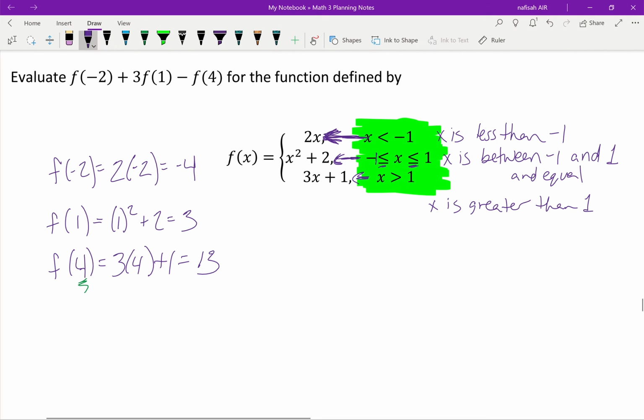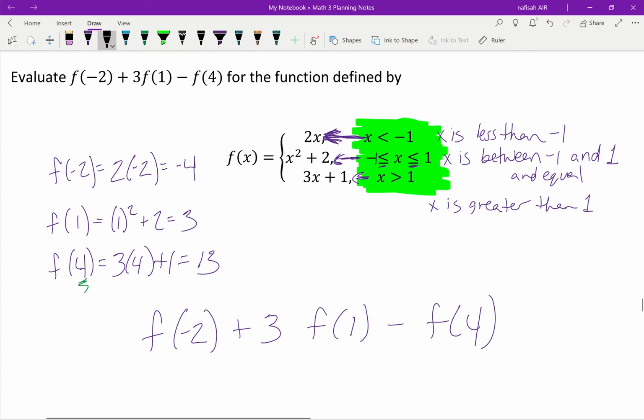So now that I've found what f of -2 is, f of 1 and f of 4 is, I can take what they asked me to evaluate, and now instead of f of -2, I know f of -2 is -4.